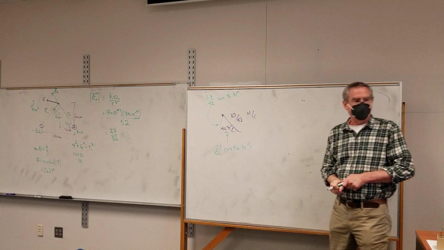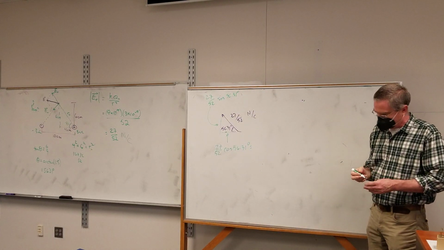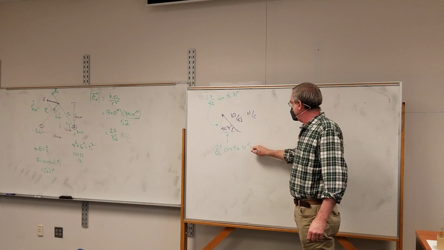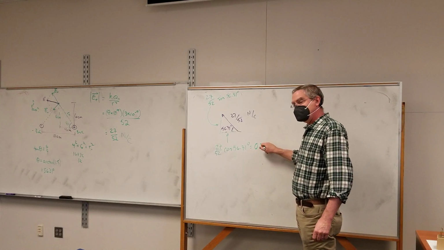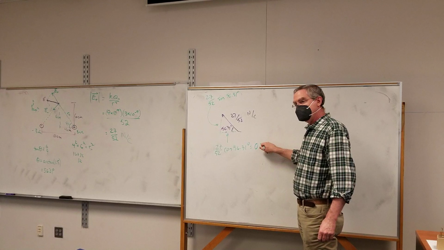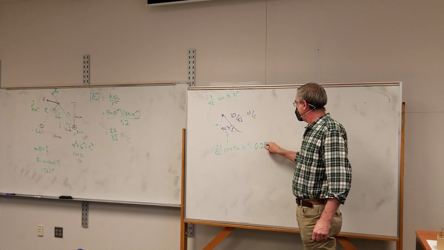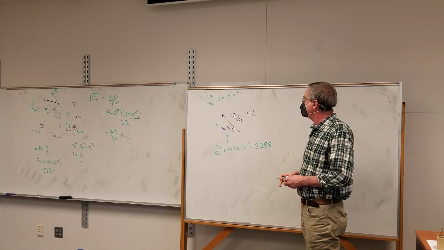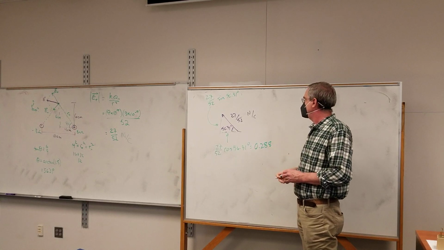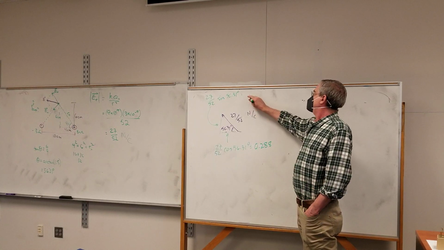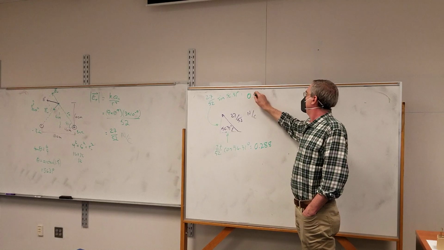And what do we get? For cosine, it's going to be 0.288. 288. All right. Sine is 0.432.